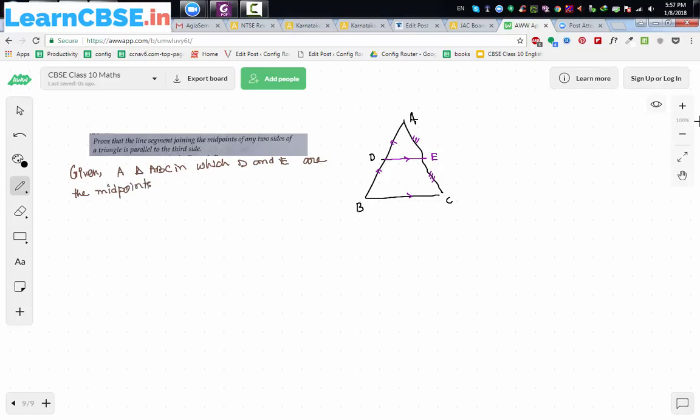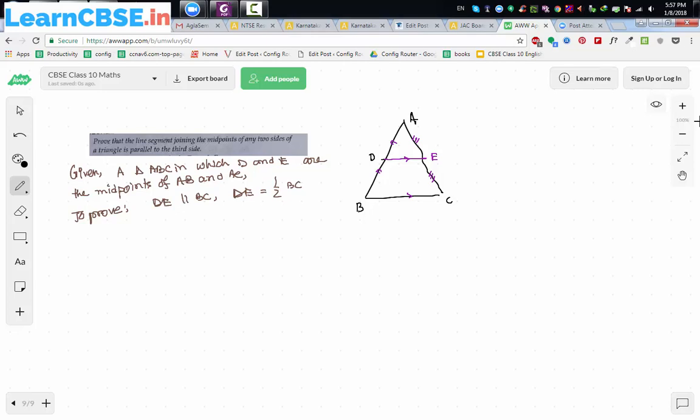These are given. We need to prove that DE is parallel to BC and DE is half of BC. That's what I need to prove.